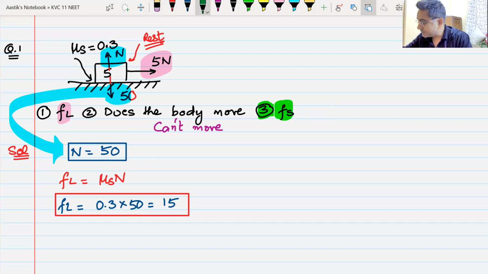Do you understand this? Do you understand this, everyone? Okay, please note it down and I'll give you one more problem on this. Everyone understood this?